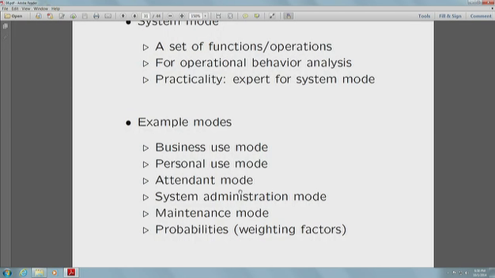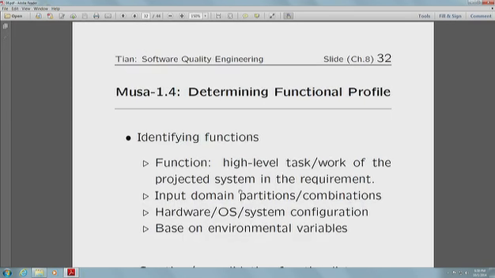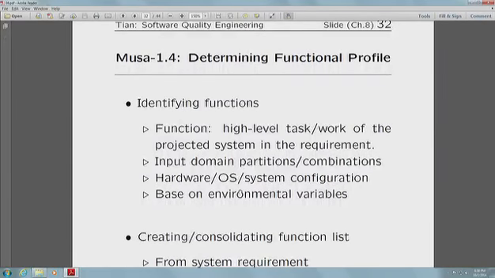People schedule those kinds of tasks, and at that time your system operations are quite different from the other operations. So you can identify those things, and identify not only the mode but also the weight assignment.